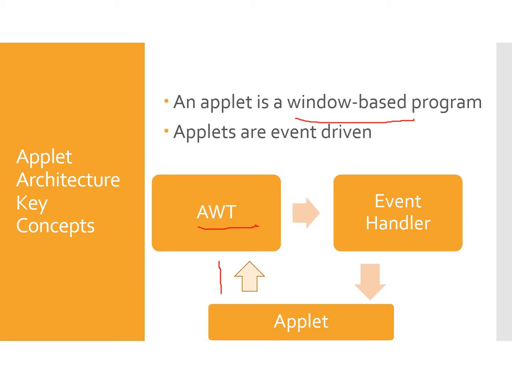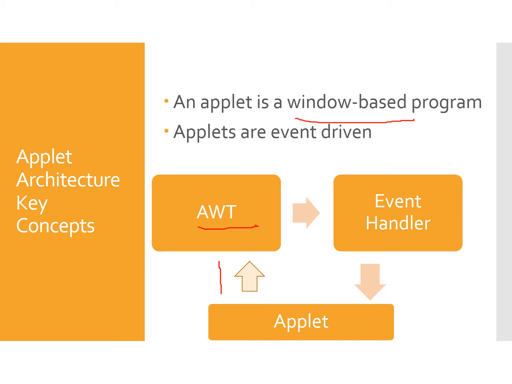Up till now, in all other Java programs other than applet, a program initiates action. That is, program asks user to enter something. But here in applet, the user initiates interaction with an applet. For example, mouse clicked, key pressed. All these are different types of interactions from the user. That is, these are the events.